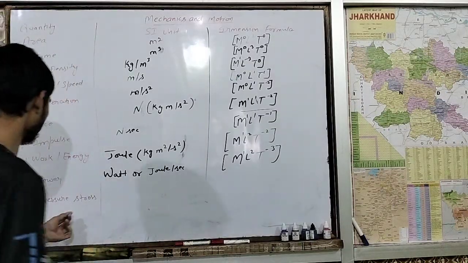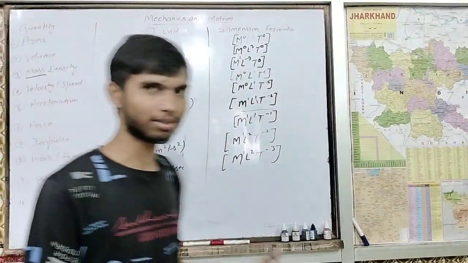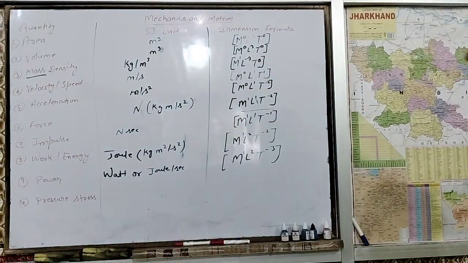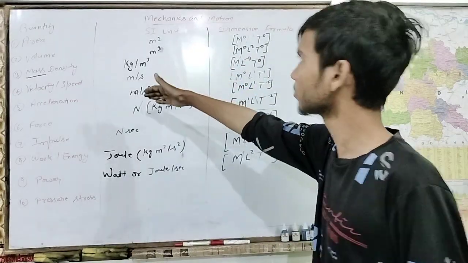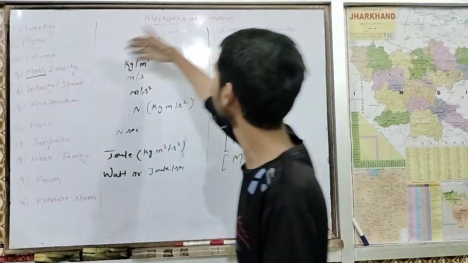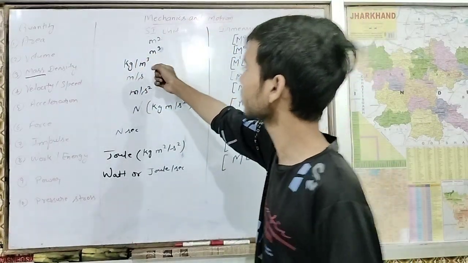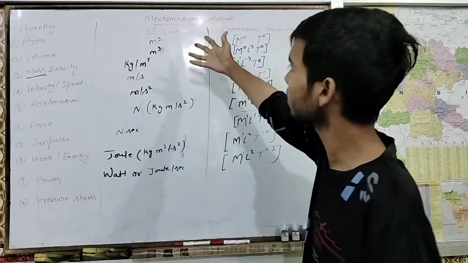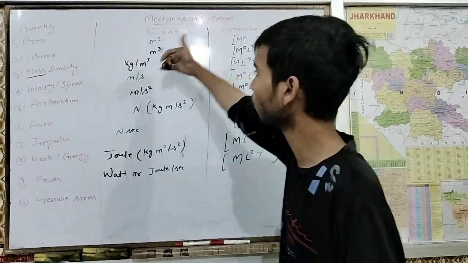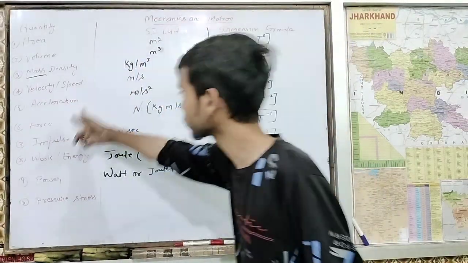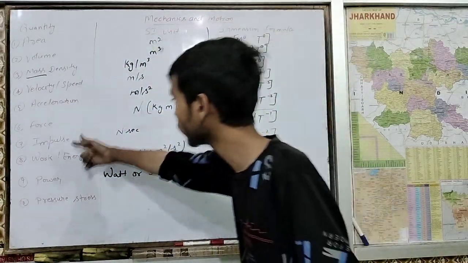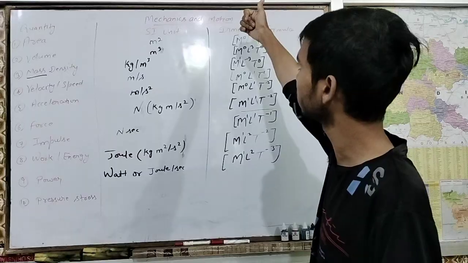Next we have pressure, stress. Yes, it is new, pressure and stress. Remember the other areas. We know that volume, mass density are mechanics; velocity, speed, acceleration, force, impulse, work and energy are all for motion.